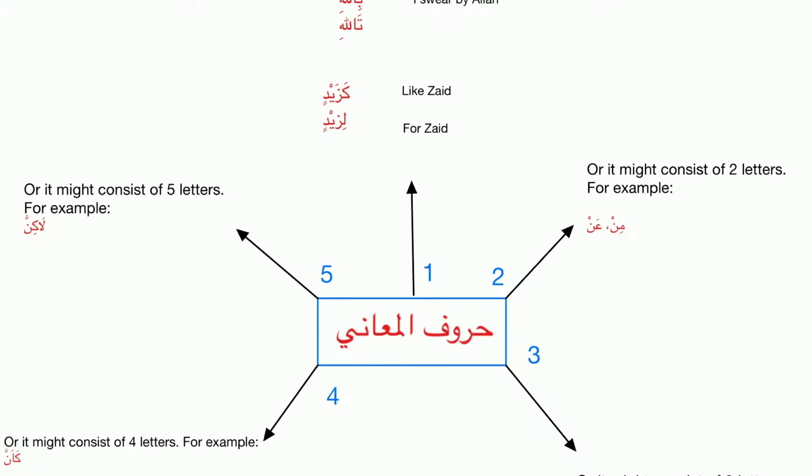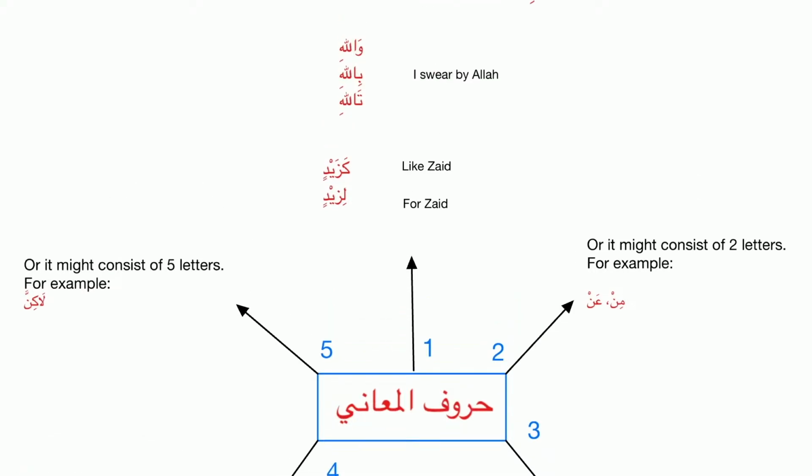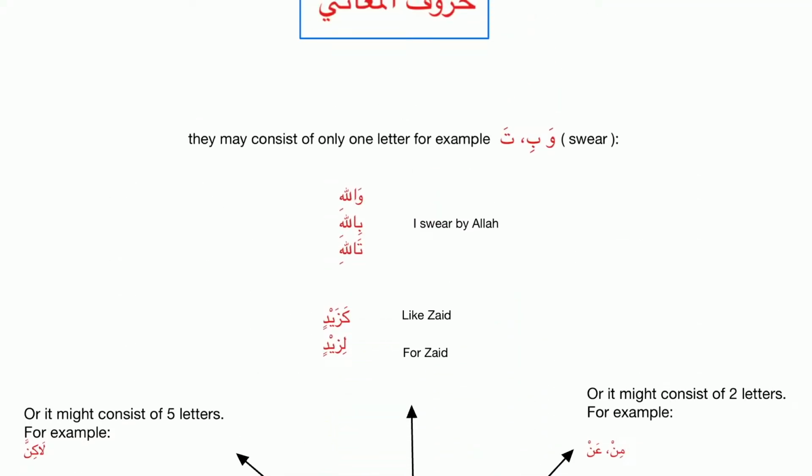For example, if a harf al-ma'ani has only one letter, it will be like wa, bi, and ta. They have meaning. For example, you say wallahi, I swear by Allah. Billahi, I swear by Allah. Tallahi, I swear by Allah.